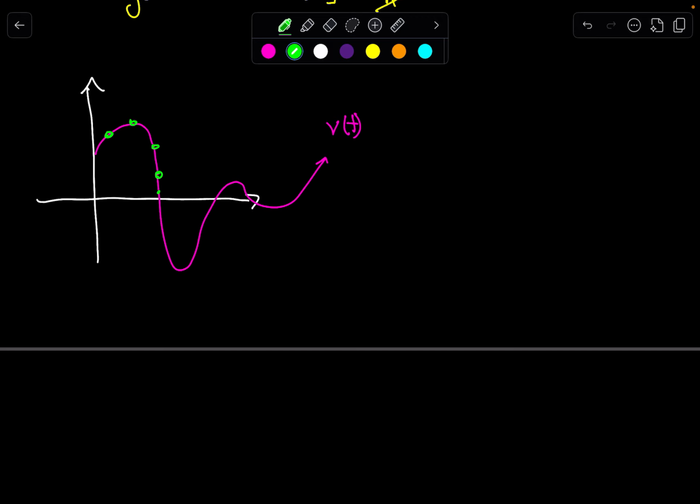Well, the velocity is going to be positive. And in the context of you making movement, remember that I said earlier that we're starting at some position, let's say this is 0 meters, and this is you.